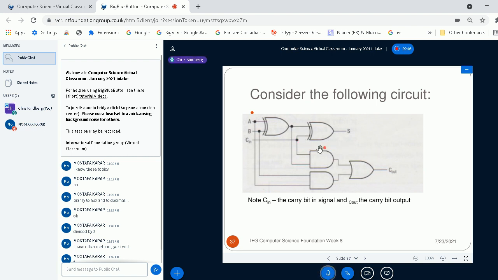And the logic for computing the carry bit is simply, well, if the result of exclusively ORing A and B is 0, I want to AND that with the incoming carry bit, which might be a 1, might be a 0.